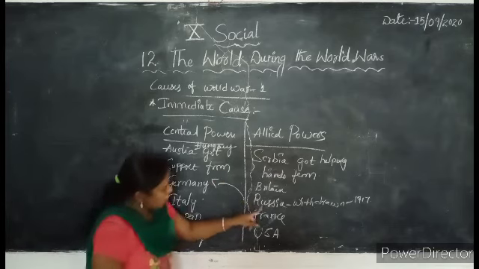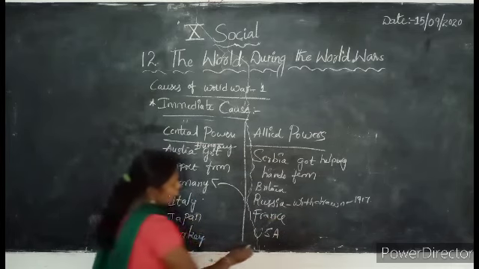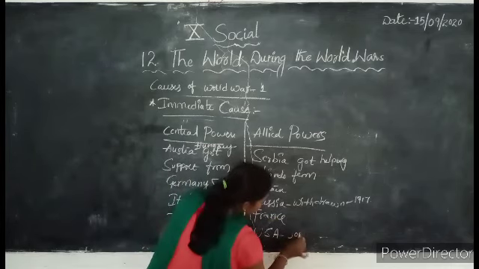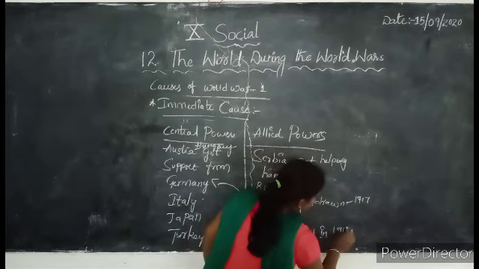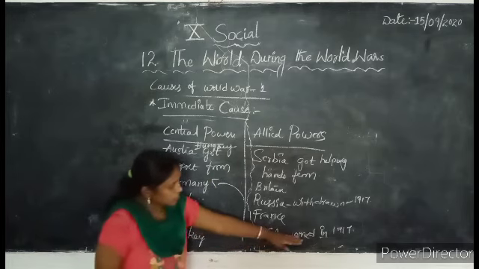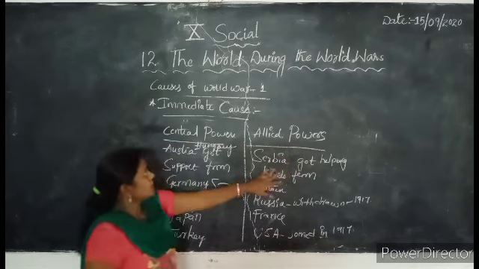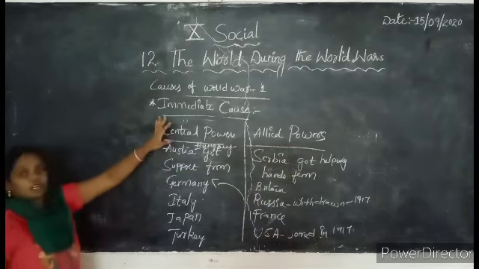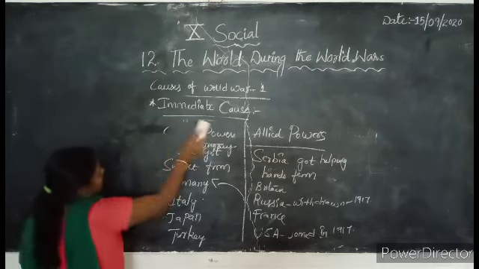So after Russia withdrew and joined Germany, the USA joined in the year 1917. Why did the USA join the Allied powers in World War I in 1917? So there is one reason.